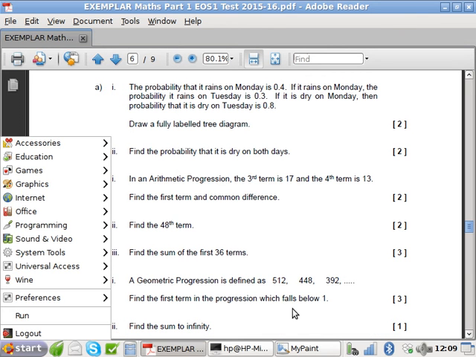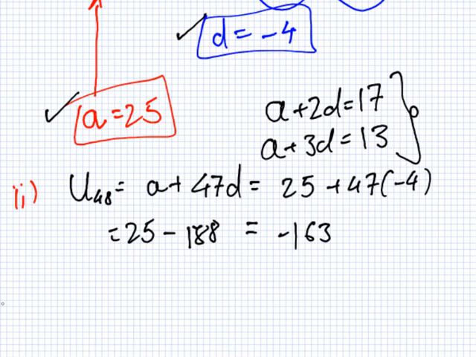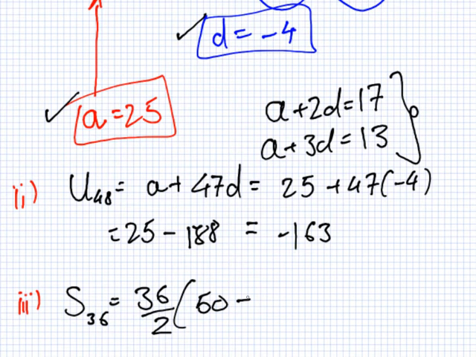What is the sum of the first 36 terms? So this now last part for this B part is S36. So that's n over 2, 2a plus n minus 1 times d.